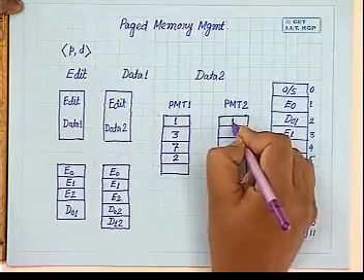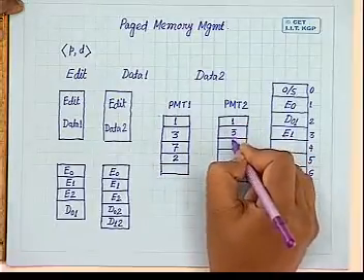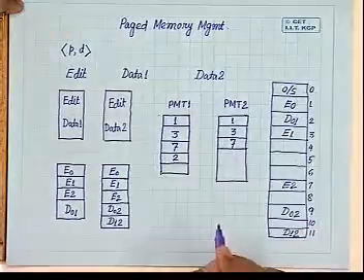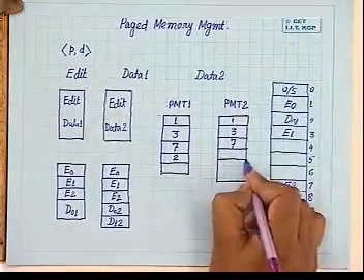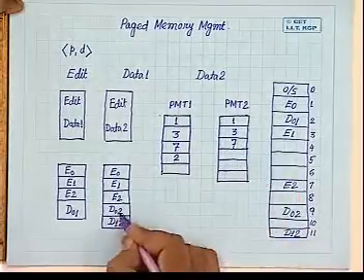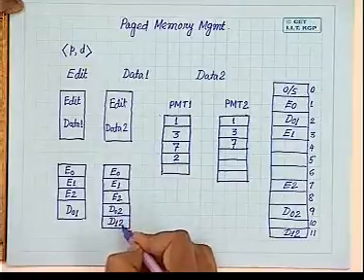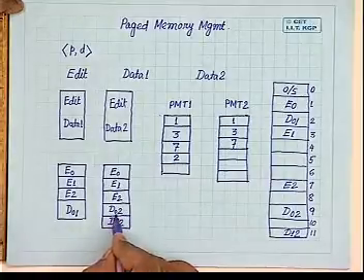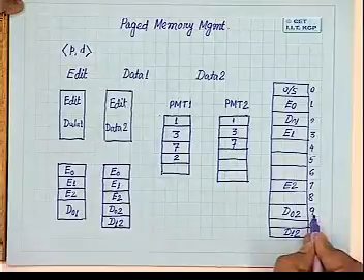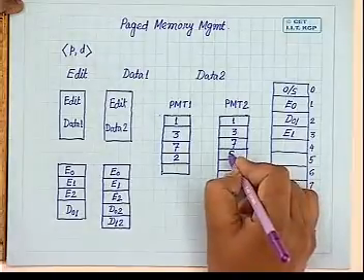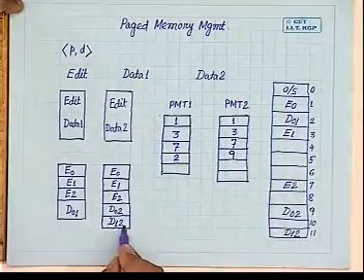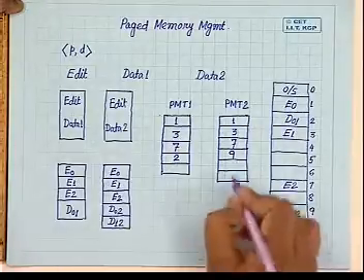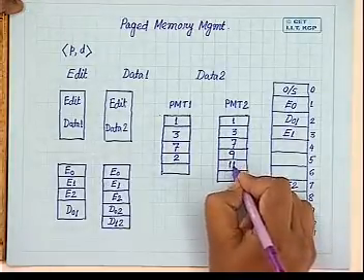So this will contain 1, 3 and 7. The next 2 entries will correspond to the data pages of user program 2. Here D02 is loaded in frame number 9, so this entry will be 9. D12 is loaded in frame number 11, so this entry will be 11.